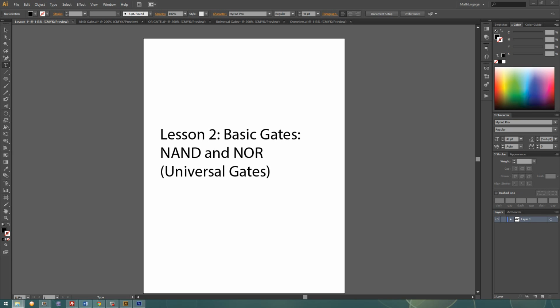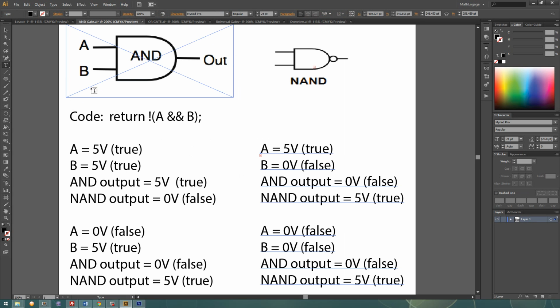So without further ado, we should go into what a NAND gate is. Over to my left here, I have a representation of an AND gate. Over to my right, I have a representation of a NAND gate. So basically, a NAND gate is the opposite of an AND gate. And how you know that is that there's this bubble right here.